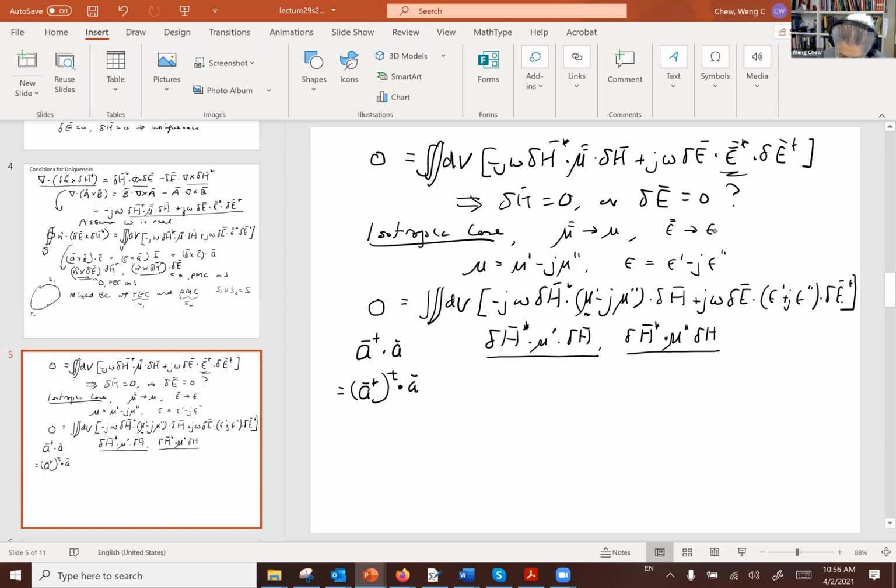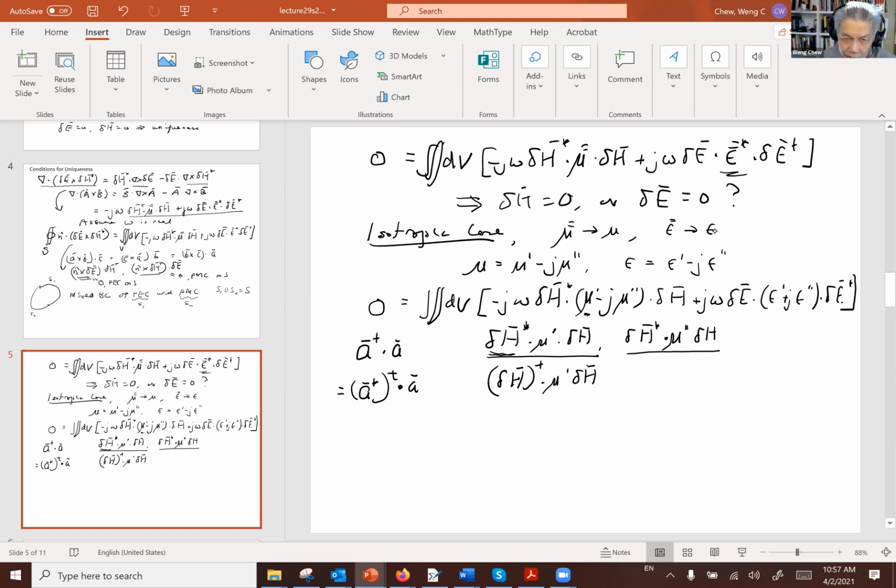By the way, physicists are rather sloppy. They are not as tidy as mathematicians. So what happens is that this actually is the same as delta H complex conjugate mu prime delta H. There is a transpose being implied here, but the transpose is never written out explicitly by physicists.